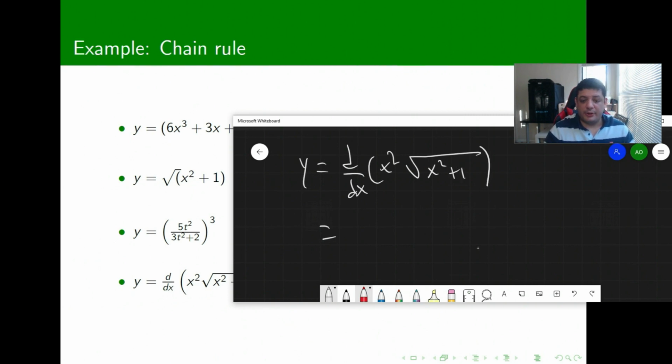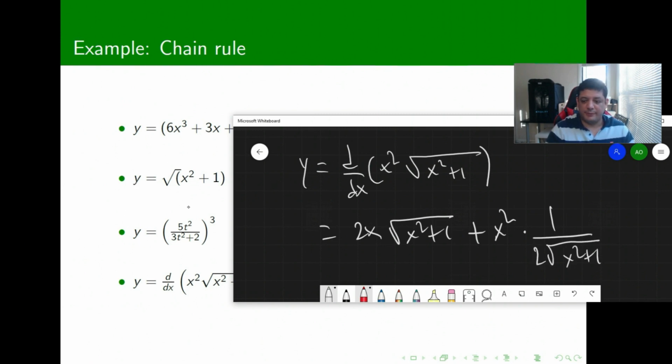So here's a product rule initially. That's the base. So the derivative of x squared times the second function, plus x squared times the derivative of this. And now we got this one from the second problem here. So we know that this is actually this function.